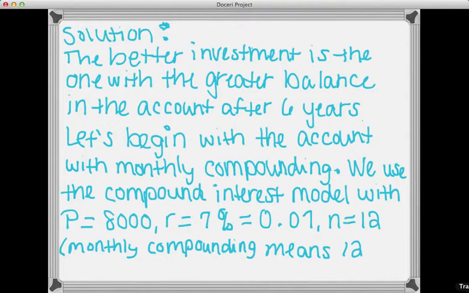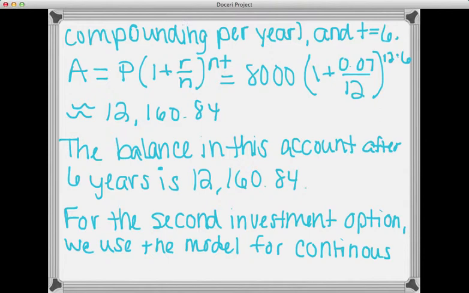Let's begin with the account with the monthly compounding. We use the compound interest model with P = 8,000, r = 7%, which as a decimal is 0.07, and n = 12. We get the 12 from monthly compounding meaning 12 compounding periods per year, and t = 6. Our formula A = P(1 + r/n)^(nt) = 8,000.